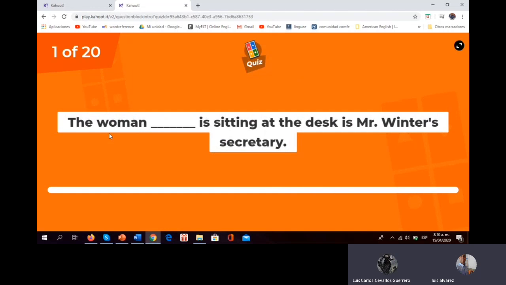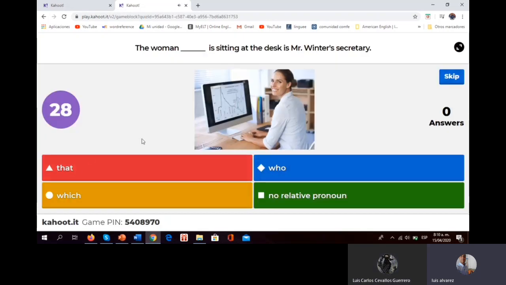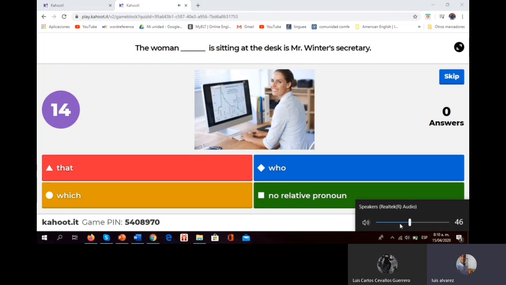Number one. The woman is eating. You choose, respond, that, which, who, or relative pronouns. You just click on the correct option. Choose an answer in your computer.